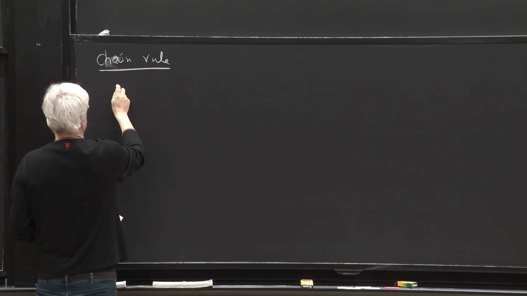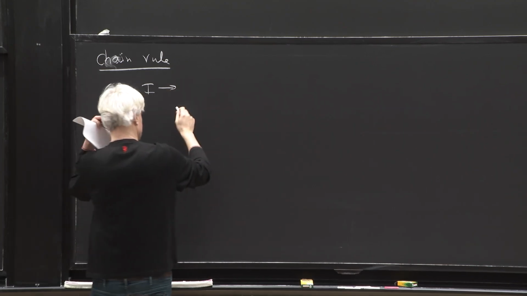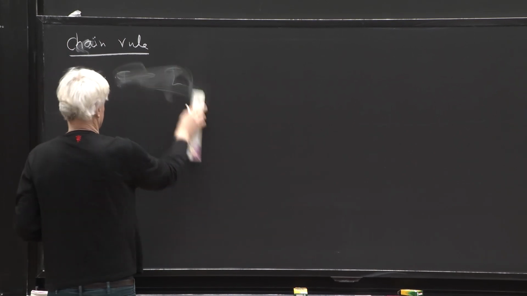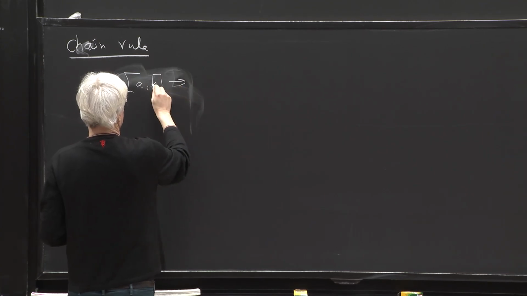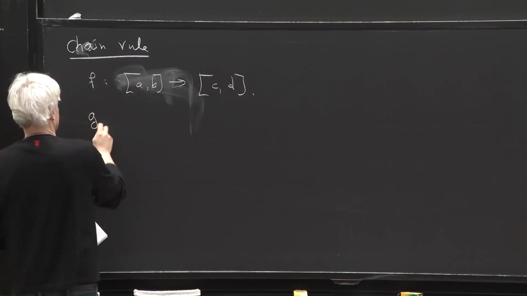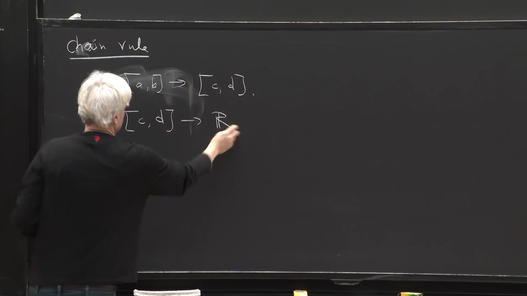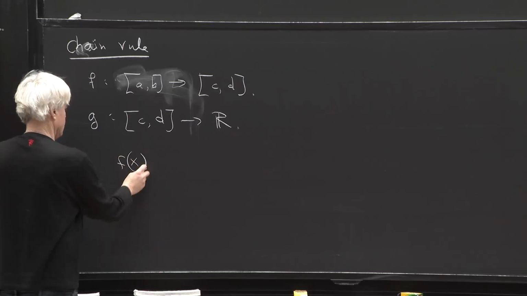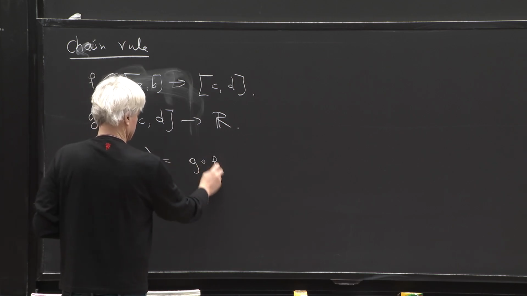That was that if you take a function f, say from some interval a to b, that takes values in another interval from c to d, and then you have a function g that is defined on c to d into R, then you can look at the composition, right? You take some x, and you first apply f to it, and then afterwards you apply g. And this is typically written as this.